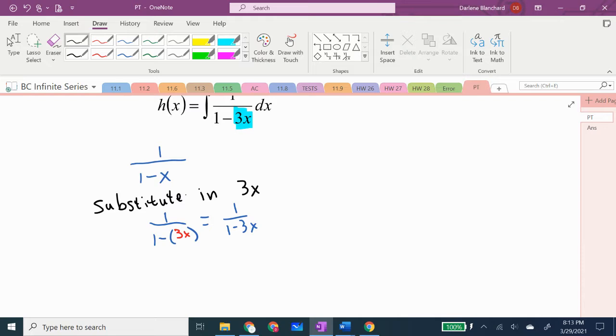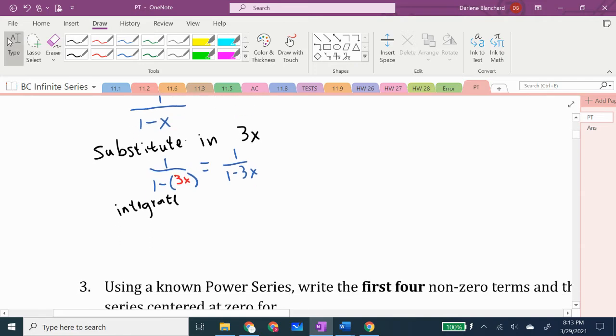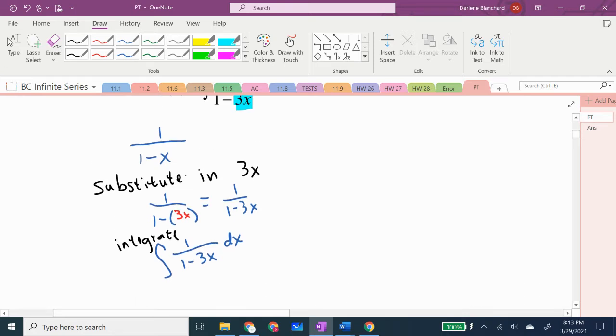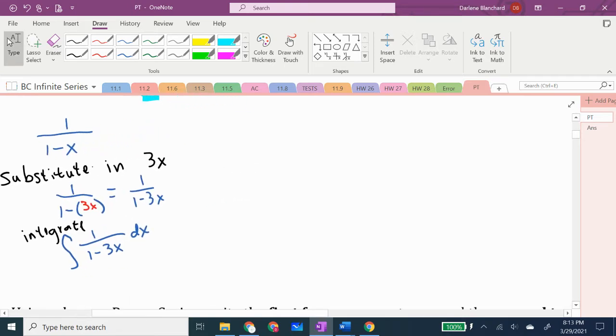Then my next step is to integrate. Now I am integrating 1 over 1 minus 3x. I need to see what I'm actually getting when I go through this integral. So do the u substitution.